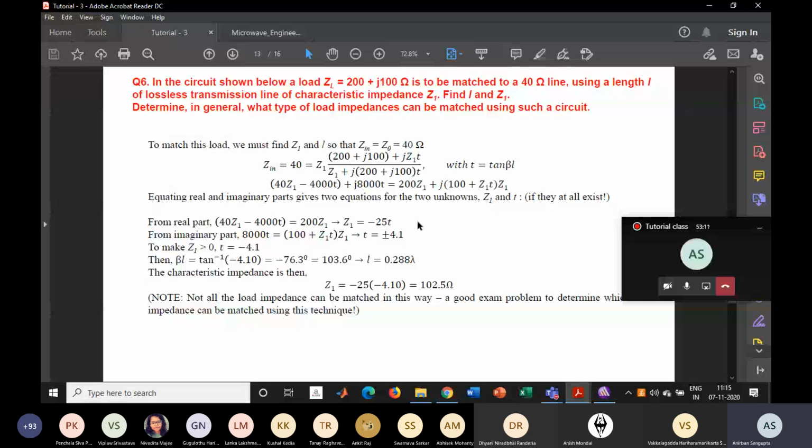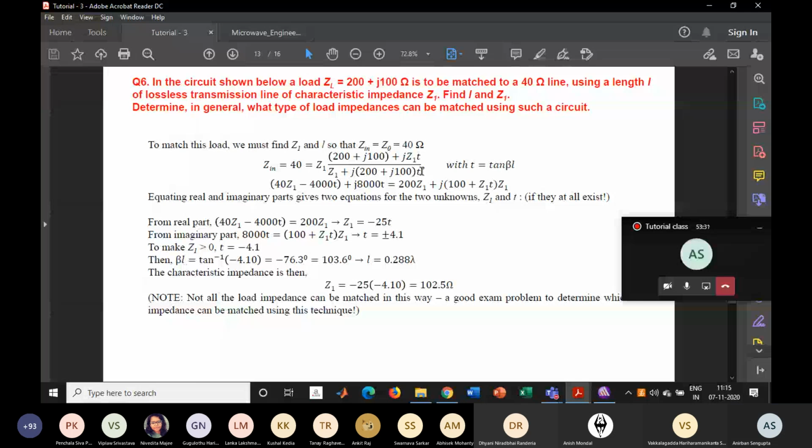So T equals minus 4.1 is taken, and from this equation we can find the length of that line. So beta L equals tan inverse of minus 4.10, which comes out as 76.3.